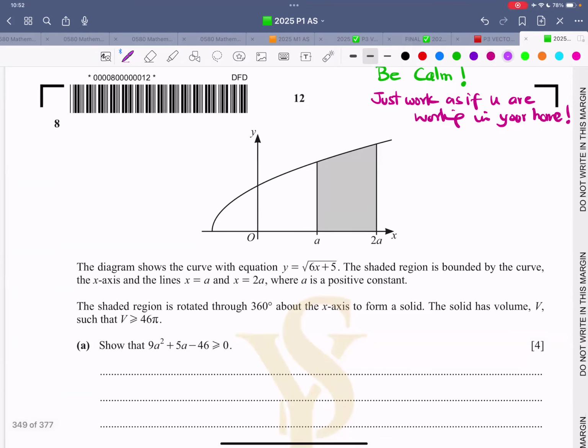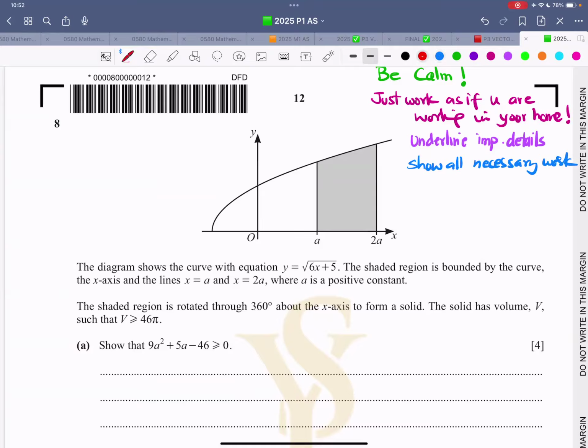Third thing that you need to mark is to underline important details. And the fourth thing is to show all necessary working.